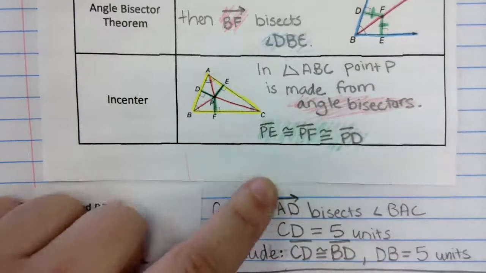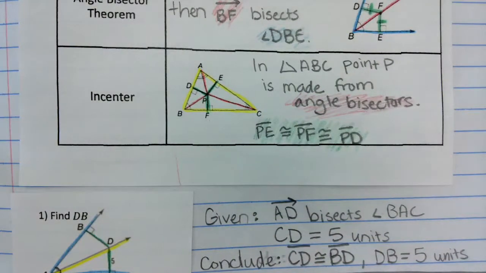The 2 really important things are the angle bisectors, and that those 3 distances end up being equal.